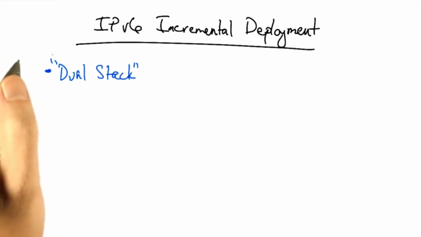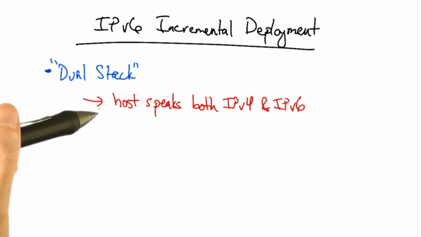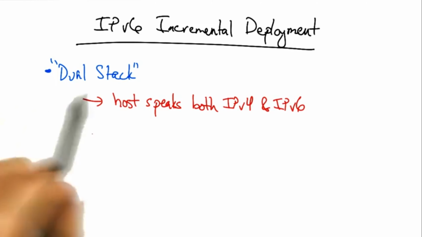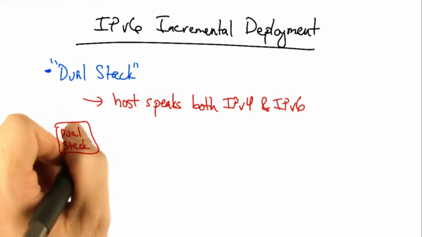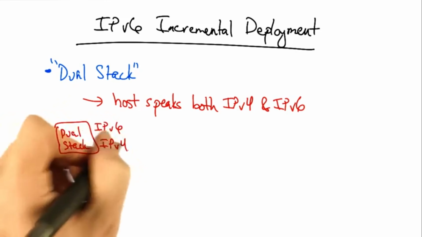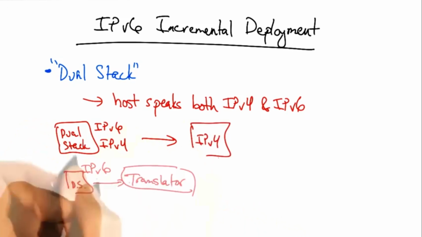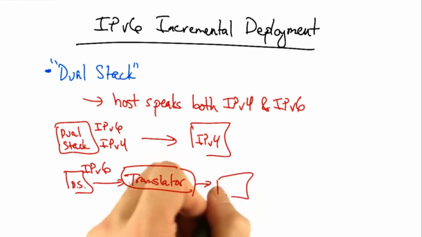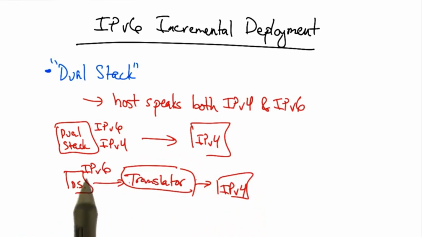One is what's called a dual stack deployment. In a dual stack deployment, a host can speak both IPv4 and IPv6. It communicates with an IPv4 host using IPv4 and communicates with an IPv6 host using IPv6. What this means is that the dual stack host has to have an IPv4 compatible address. Either the host has both an IPv4 and an IPv6 address, thus allowing it to speak to an IPv4 host, or it must rely on a translator, which knows how to take a v4 compatible IPv6 address and translate it to the v4 address.